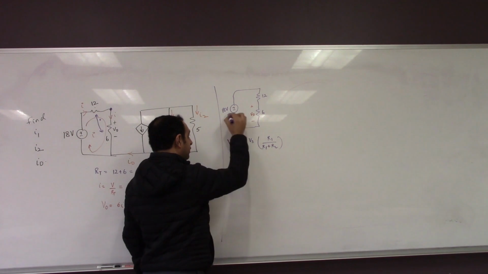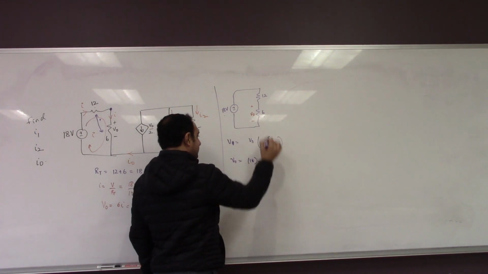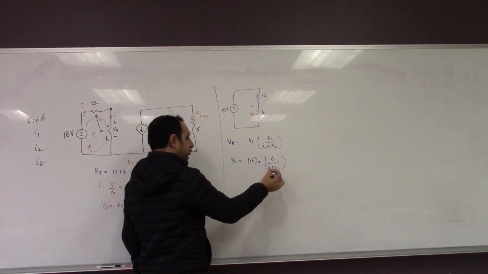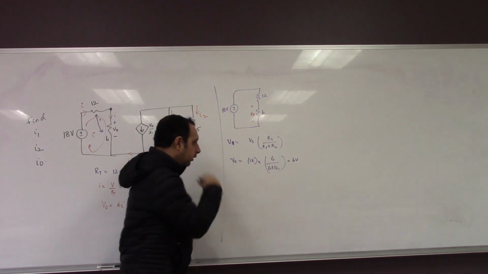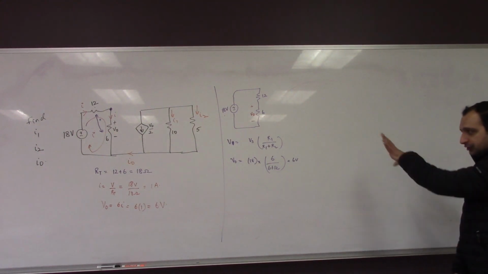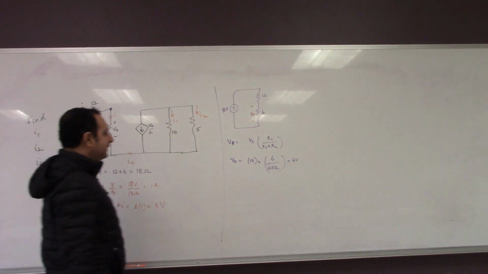V naught is the total voltage, 18, times the resistance 6, divided by 6 plus 12. So 6 plus 12 is 18, 18 will cancel, and that will be 6 volts. So if you use voltage divider, it actually makes things a little easier.